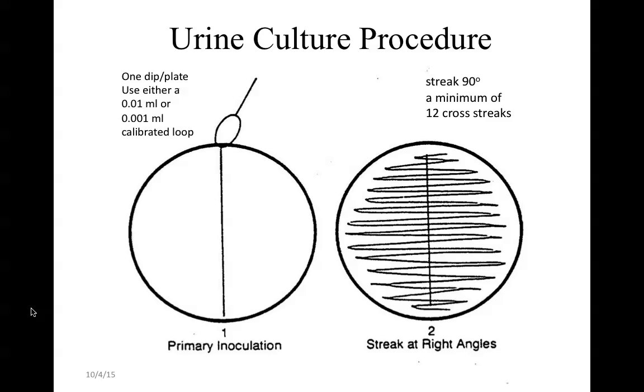And then at 90 degrees, cross streak with the same loop, not doing anything else with it. After we've applied that primary inoculum down the center, do at least 12 cross streaks at right angles to that primary streak. And that's it. So the urine streak technique, I think, is probably the simplest and easiest one for students to learn.